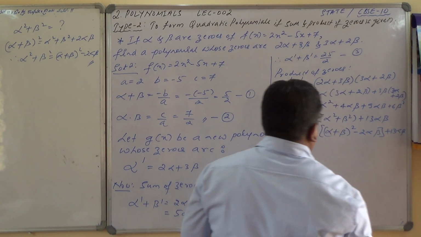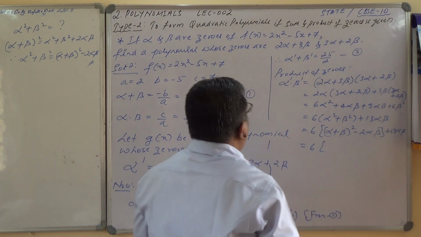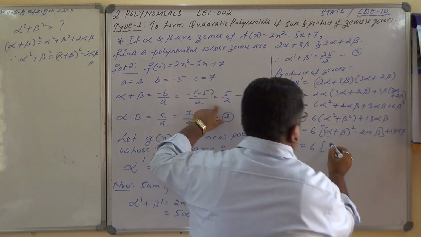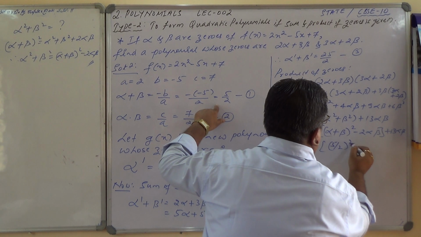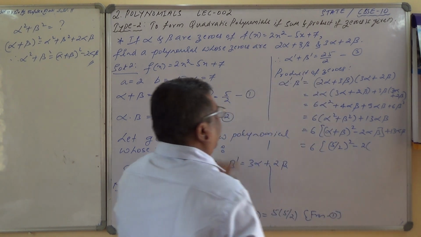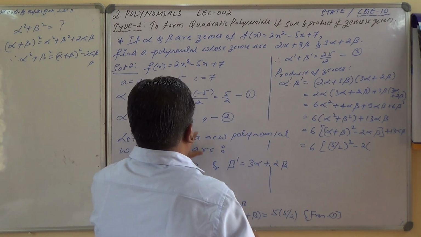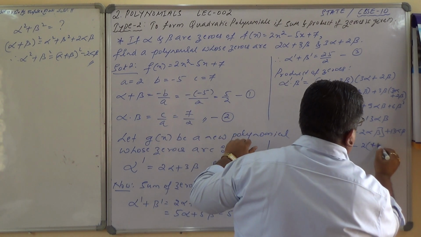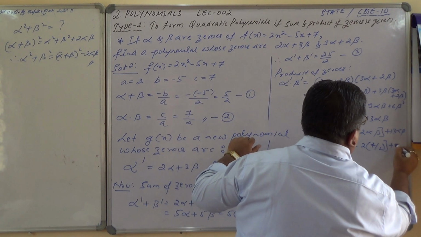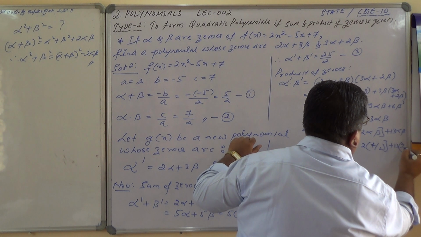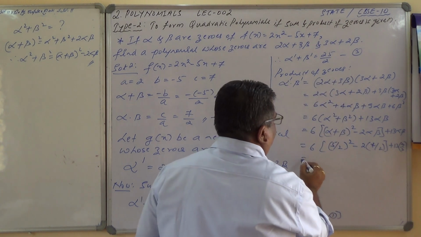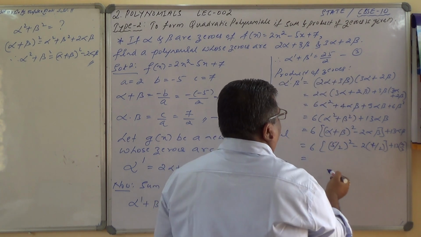Which equals 6 times (5 by 2, the whole square) minus 2 times alpha into beta, 7 by 2, plus 13 into 7 by 2, alpha into beta, which equals 25 by 4.